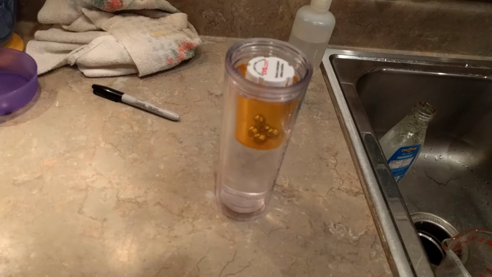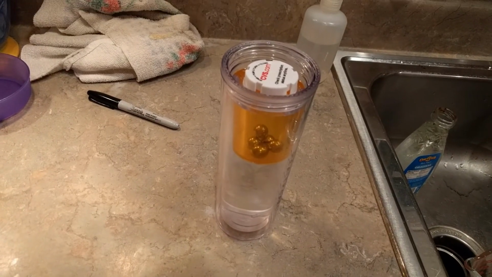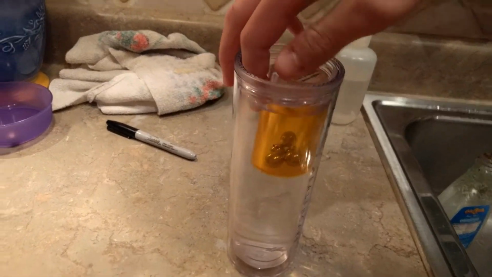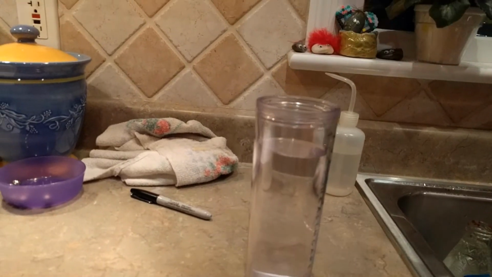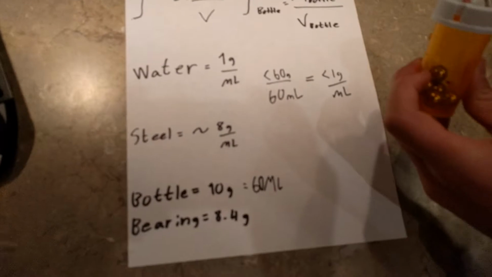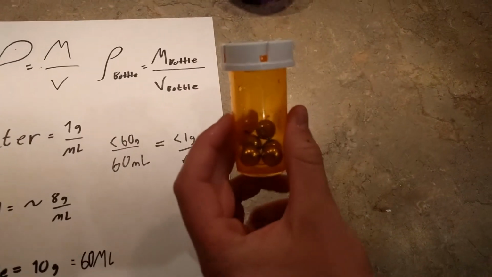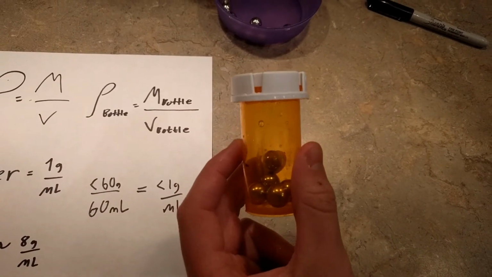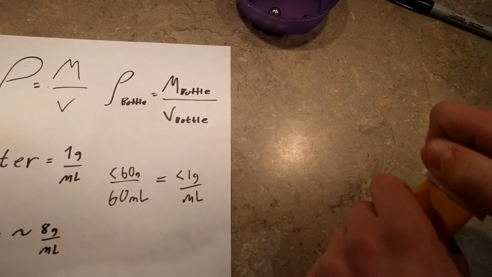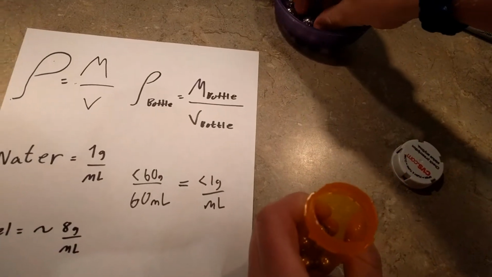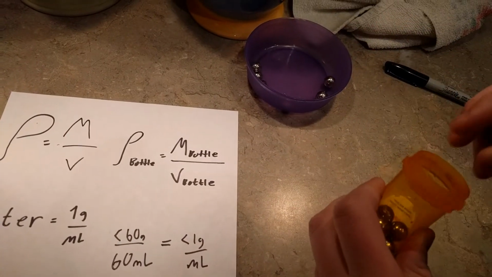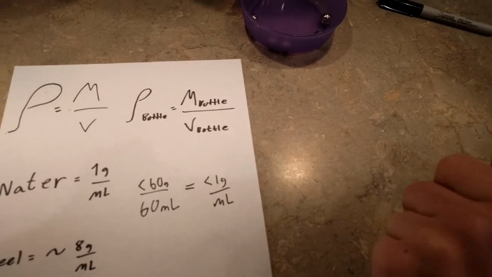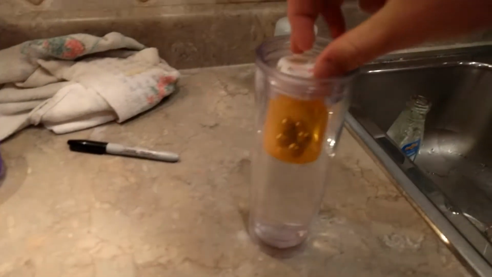So I'll go ahead and drop that, and you can see that the container clearly floats, not by a ton, but it's definitely lighter than the water that it's displacing. Now, if this whole item with 42 grams of bearings and 10 grams of plastic weighs 52 grams total, if I add another bearing, or 2 for good measure, that should put it significantly over 60 grams, which would cause it to sink in the tank. I'll go ahead and drop that in there. You can see that it gently sinks to the bottom.